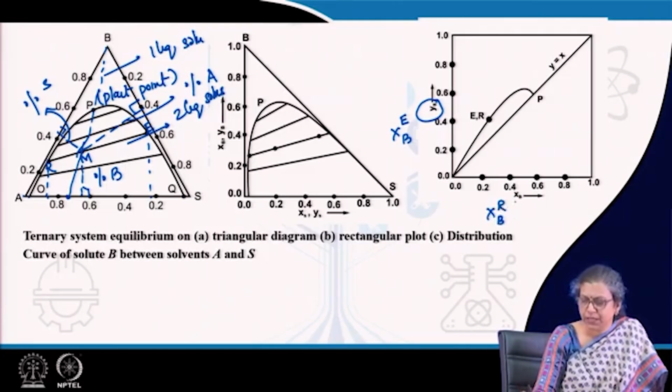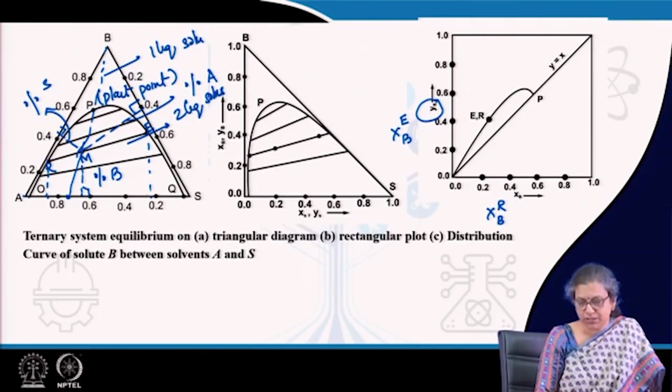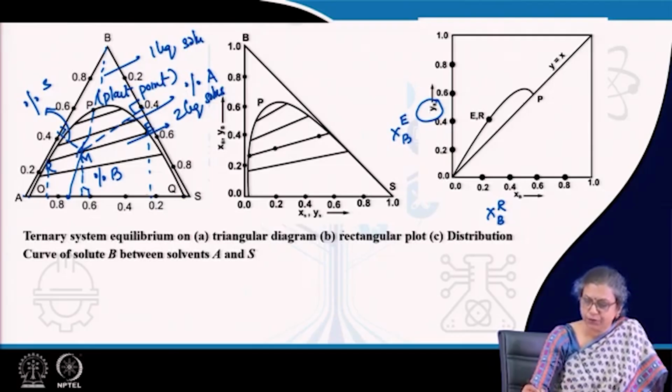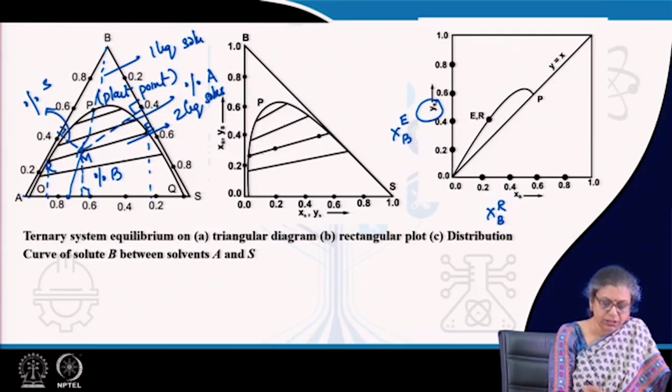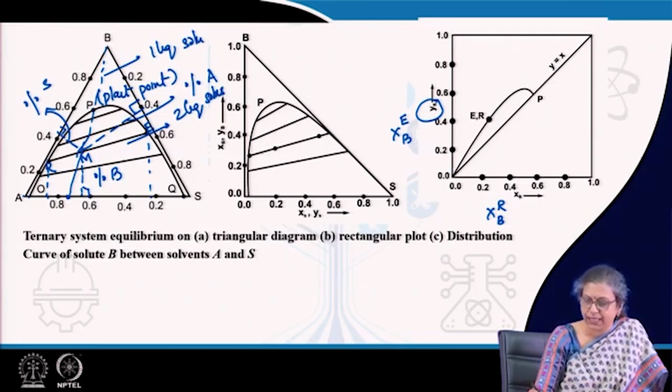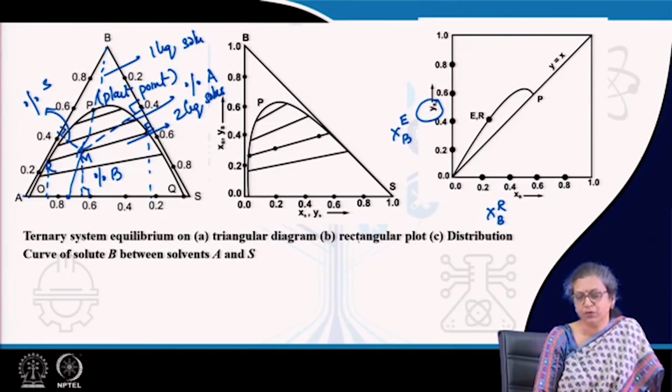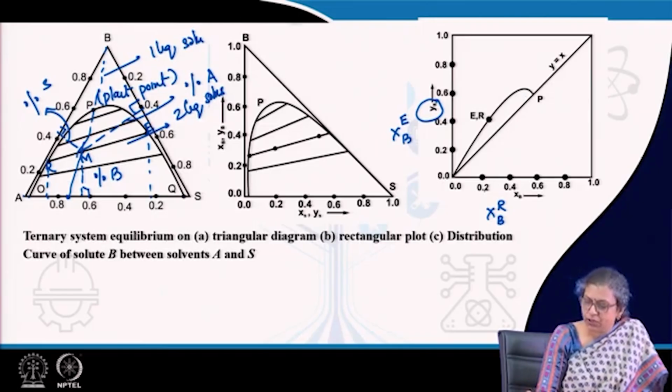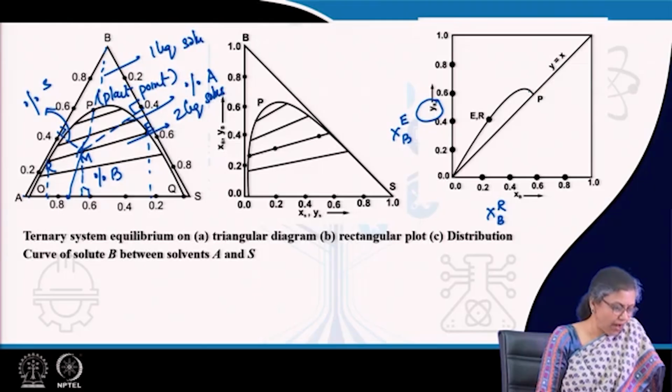By convention, the raffinate phase composition is denoted by X and the extract phase composition is denoted by Y. So, in this sort of an XY plot, if we plot the end points of the tie line, we can get an equilibrium curve. And here you have to remember, since B is preferentially extracted by S, the curve lies above the y equals x line.